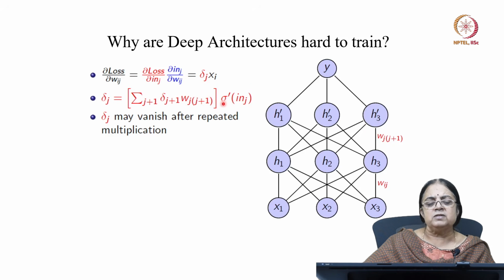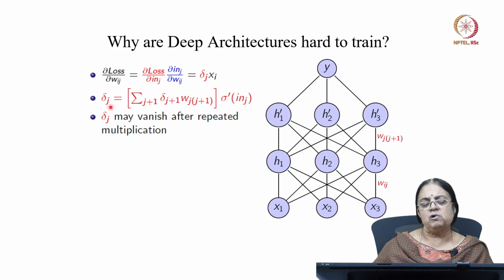So this will be an extremely small number, and you find that this delta j will become very small, and as you keep doing it, it becomes smaller and smaller, and it may vanish altogether. It may become so close to 0 that it would be taken as 0. So that is the problem.